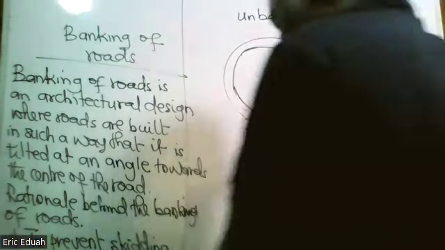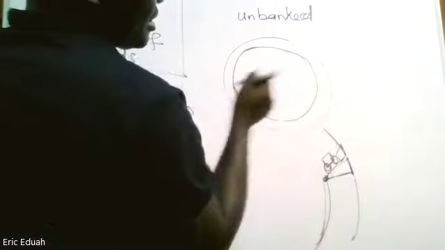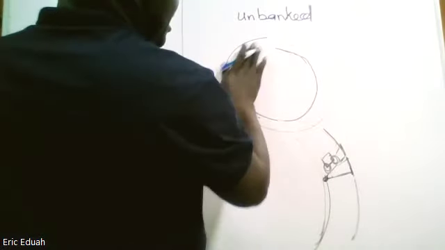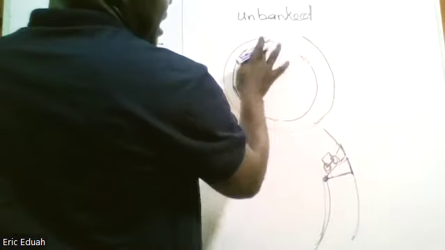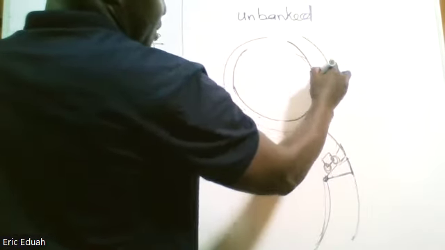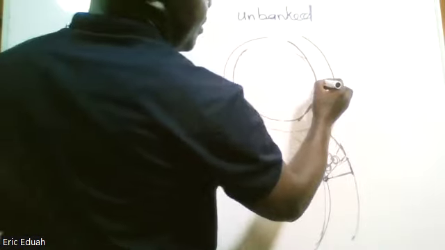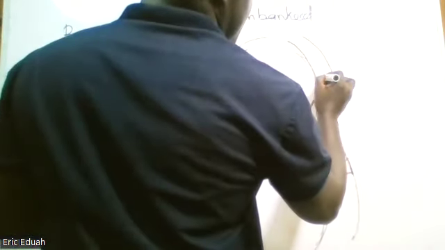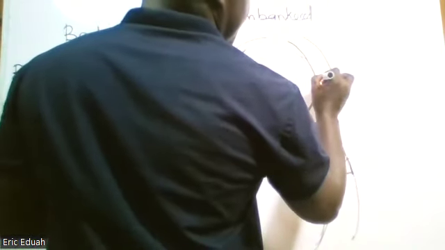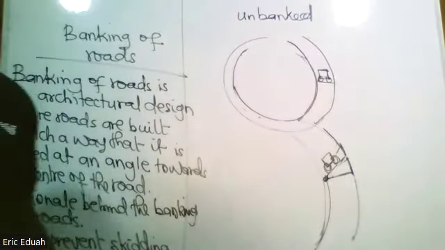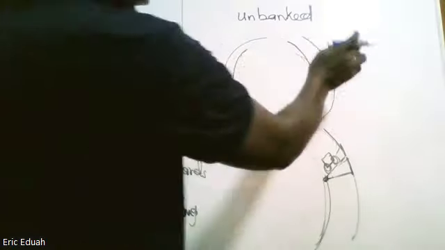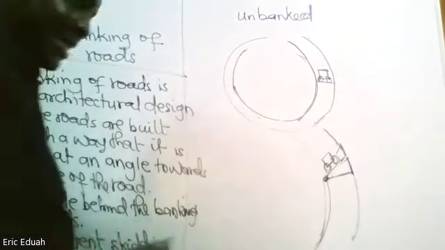But when the road is unbanked, let me draw the outer edge. There's a certain portion of the road. The car is not tilted. So this is unbanked, this is banked.